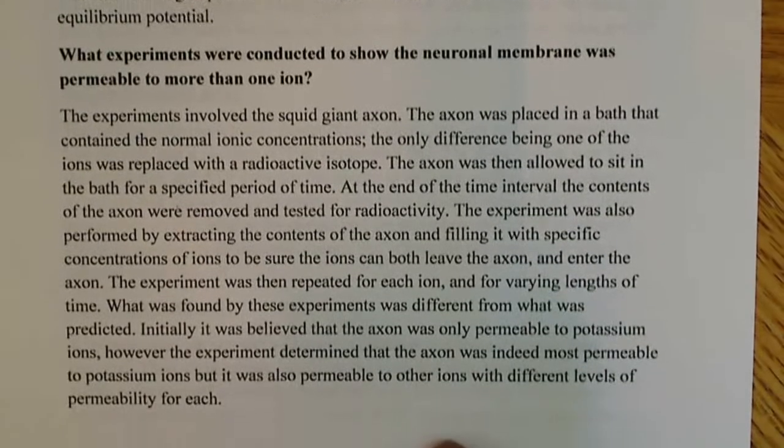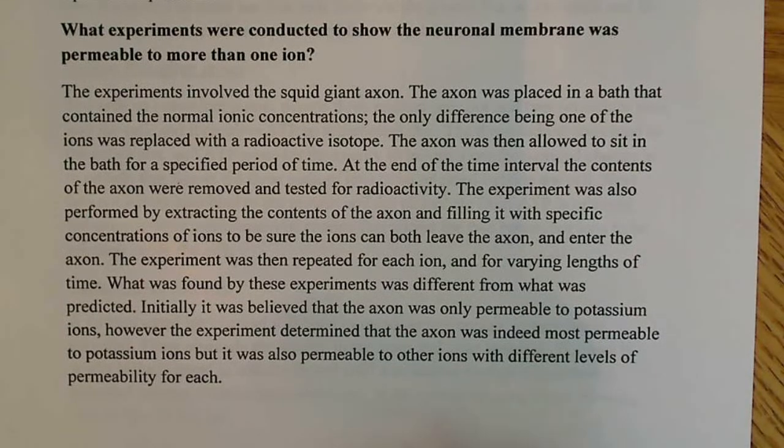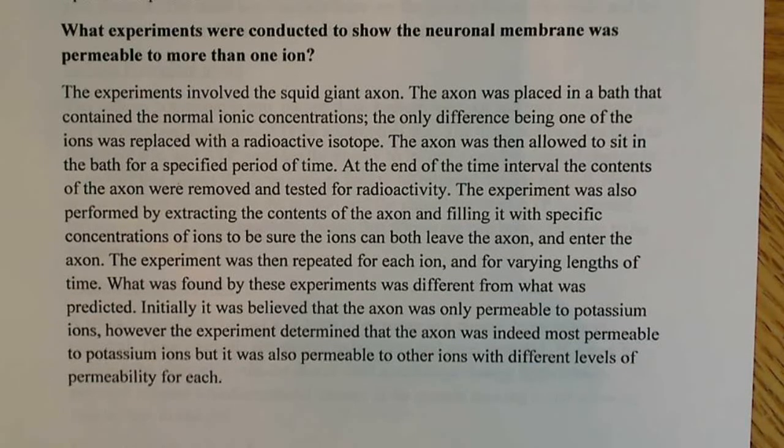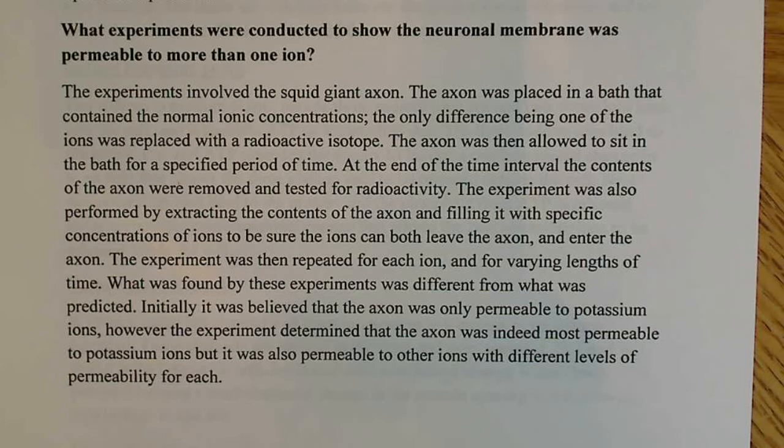So the second question I have here is, what experiments were conducted to show the neuronal membrane was permeable to more than one ion? So what experiments were done to prove this fact? Remember I said previously that originally most researchers believed that these neurons were only permeable to K+, or potassium ions.